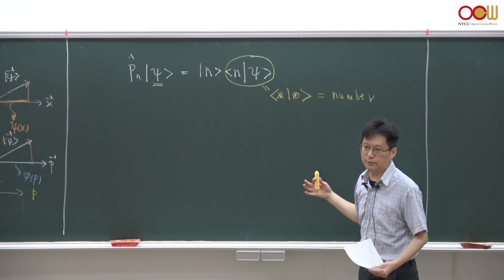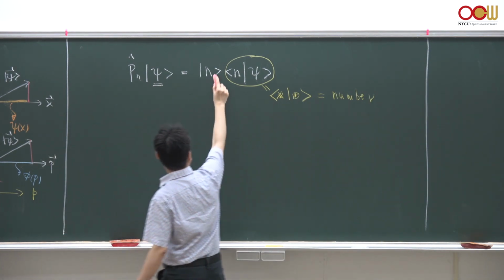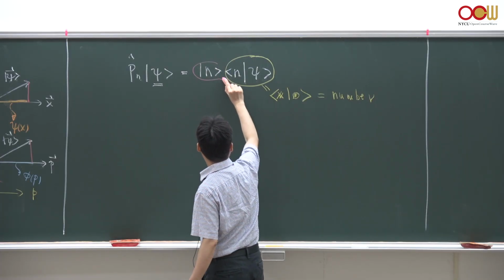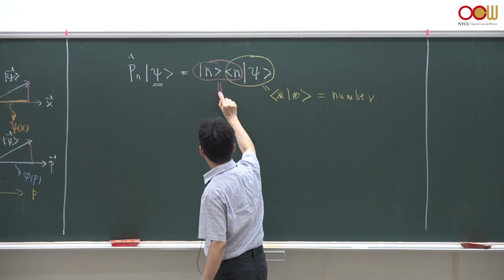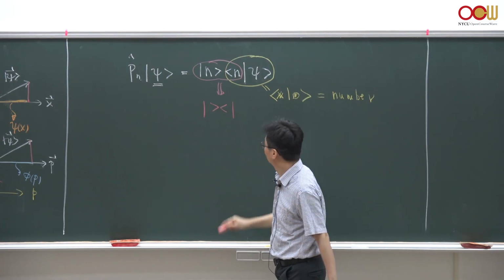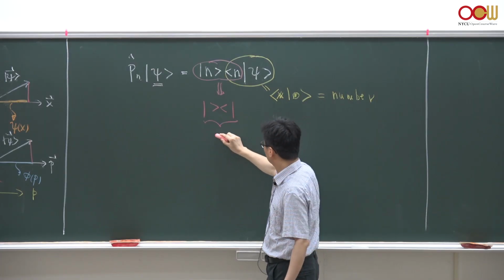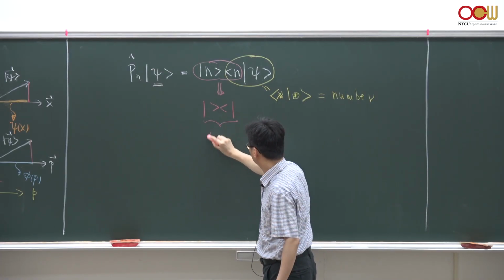But if this is not a bracket, for example a Dirac ket state on the left and a Dirac bra state on the right, this kind of shape is not a number, but a matrix.